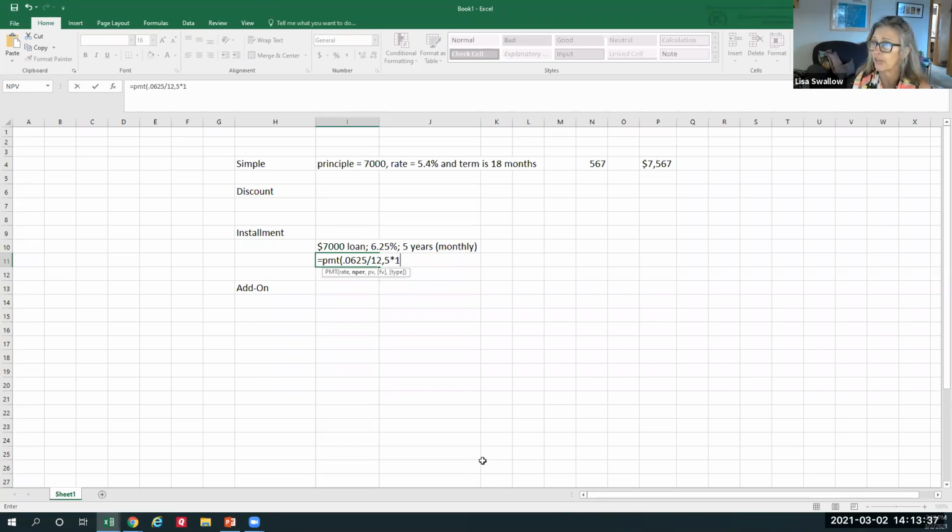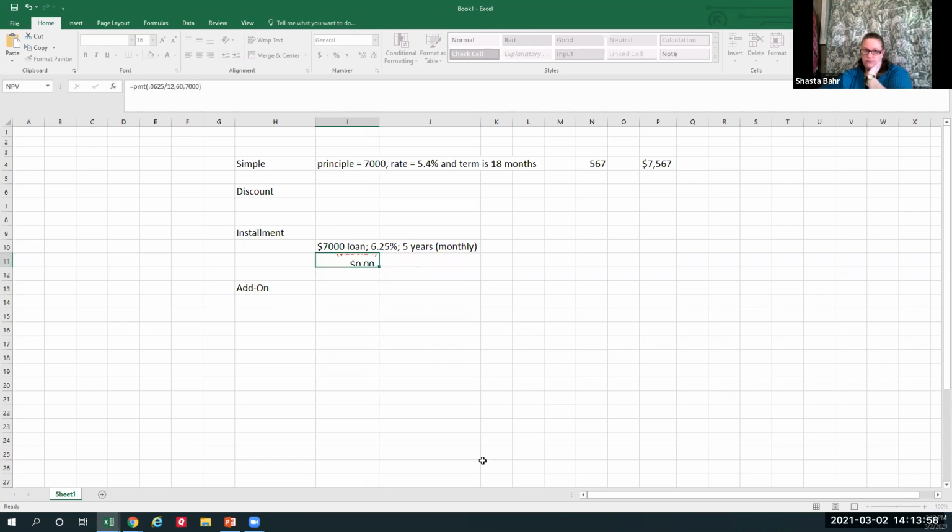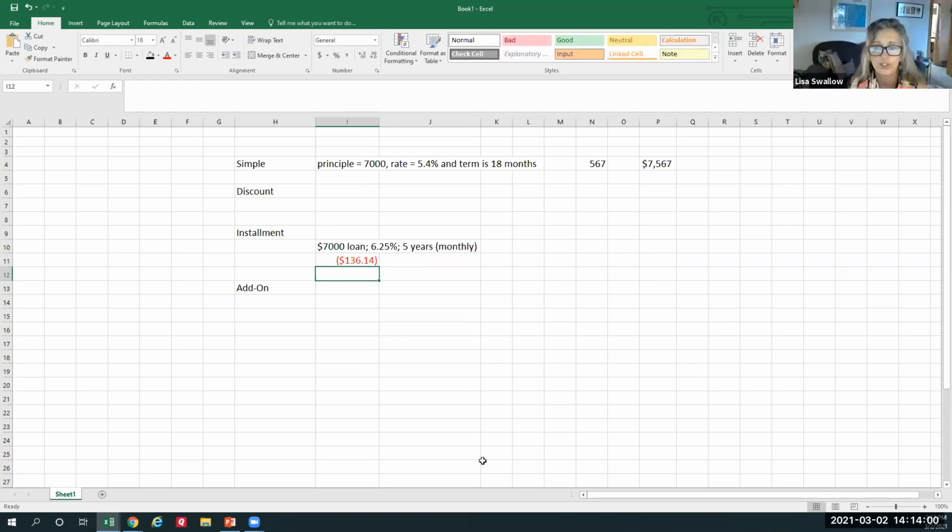Or if you just know that 5 times 12 is 60, you would just put 60 in. Kate, what's the last field? Principal, yeah, the 7,000. $136.14.